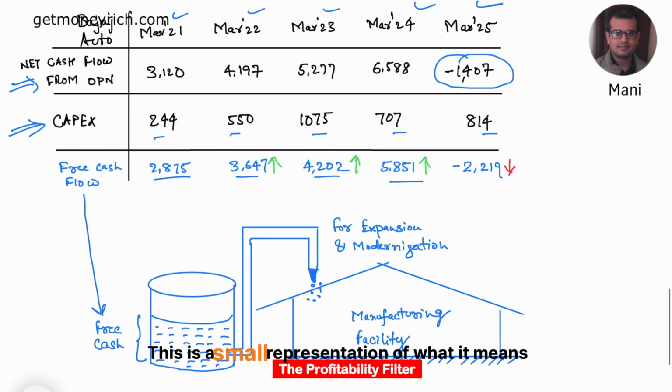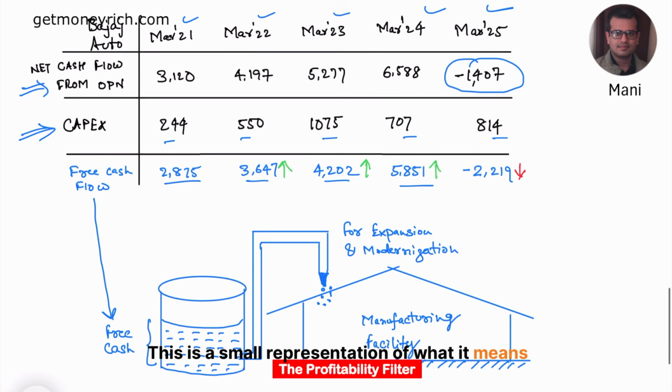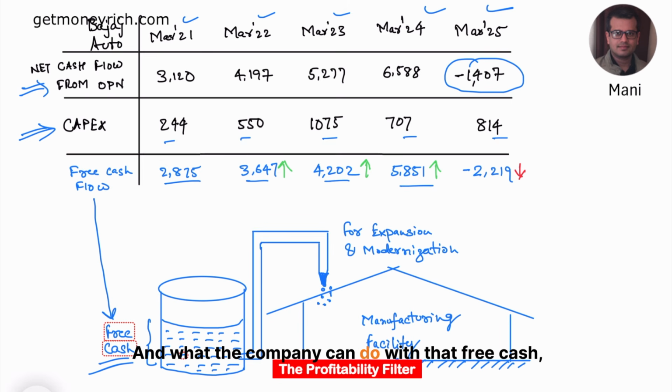This is a small representation of what it means when a company has a lot of free cash flow. You can imagine a large tank full of water, and that water is a representation of the free cash available with the business. And what can the company do with that free cash? It can use that free cash to transfer to its manufacturing facility for the purpose of expansion and modernization.